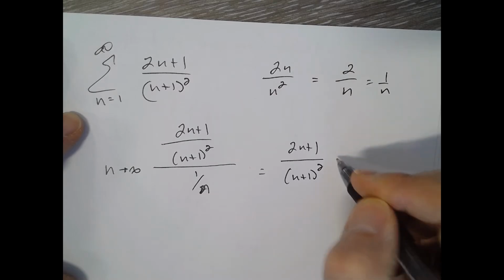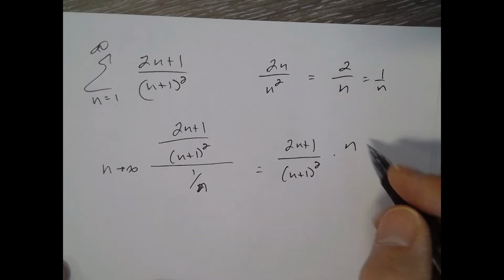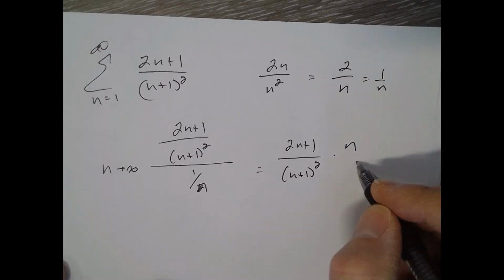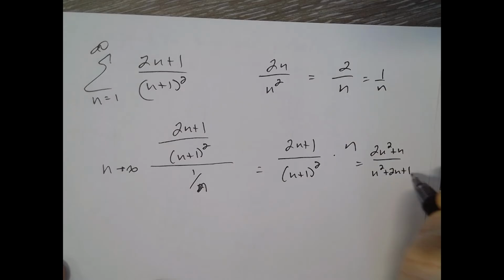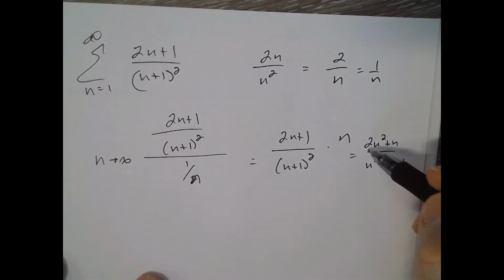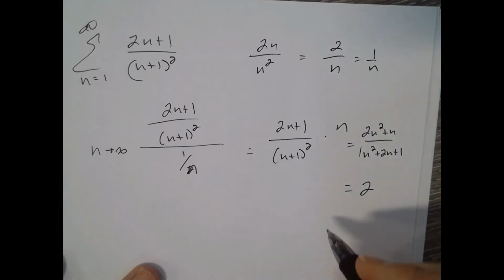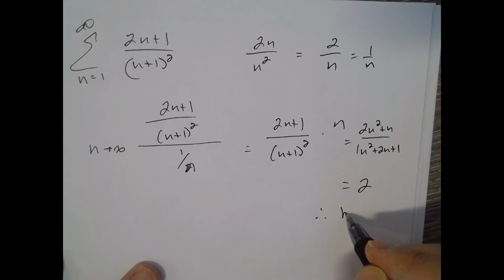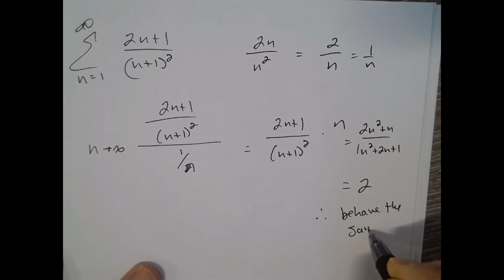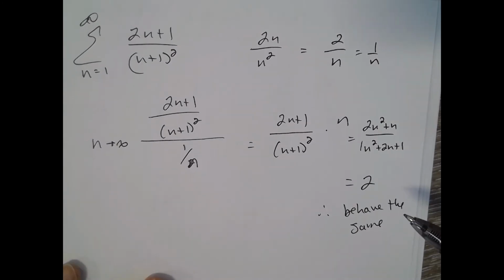So I get 2n squared plus n over n squared plus 2n plus 1. Okay, so they're both quadratics, which is nice. The ratio of the coefficients is just 2 over 1, so we end up getting 2. Okay, so they behave the same because we get a number other than 0.